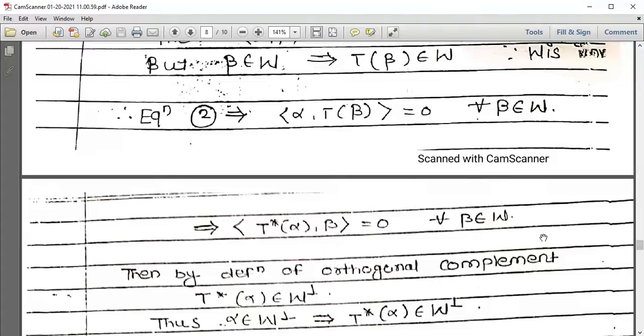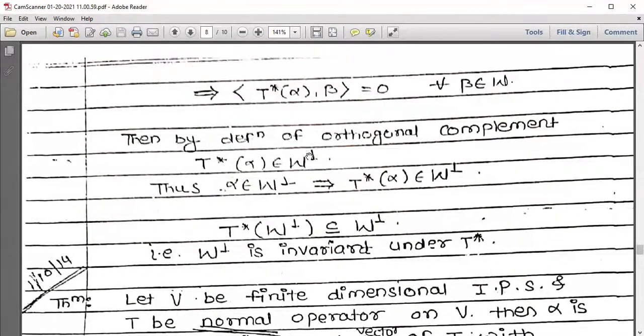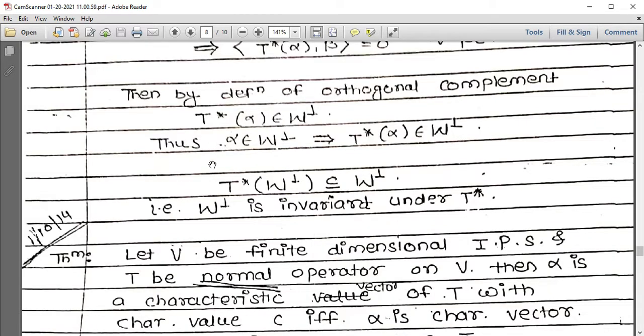By the definition of adjoint, this implies the inner product of T star alpha and beta is equal to 0 for all beta belonging to W. Then by the definition of orthogonal complement, T star of alpha belongs to W perp. Thus, we took alpha belonging to W perp, which implies T star of alpha belongs to W perp.